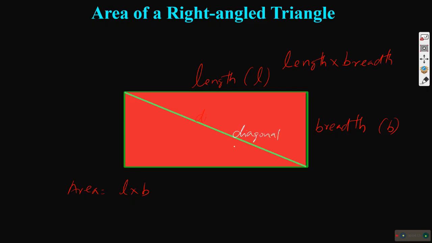We have divided this rectangle into two equal halves, where we have a right angled triangle here and another right angled triangle here. So we know that this area is equal to 2 into the area of a right angled triangle, correct?